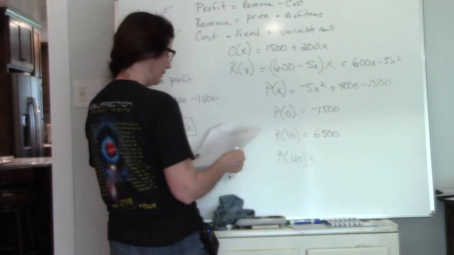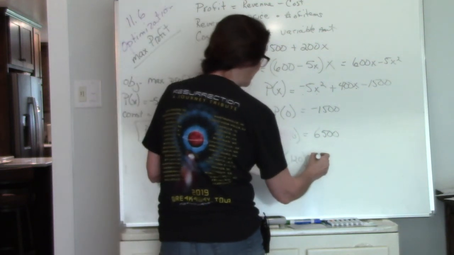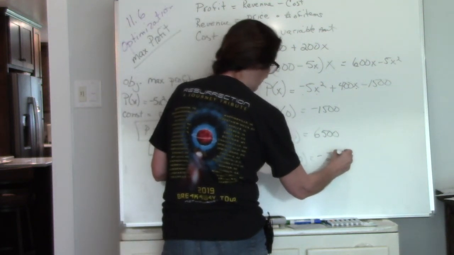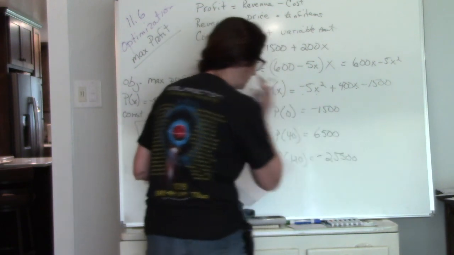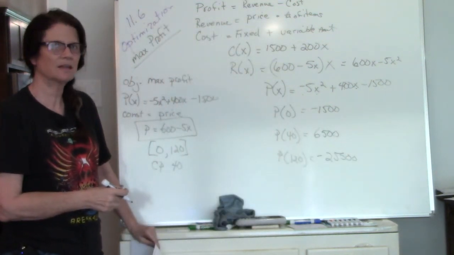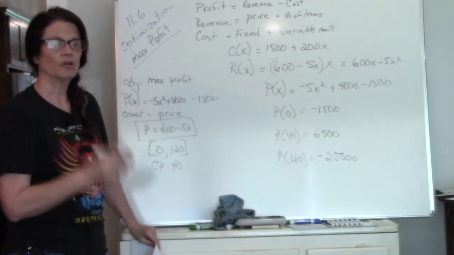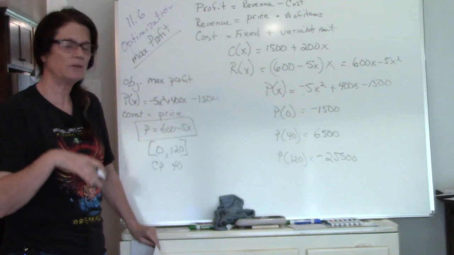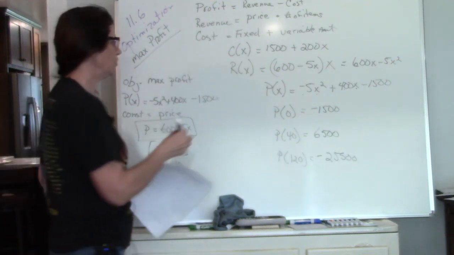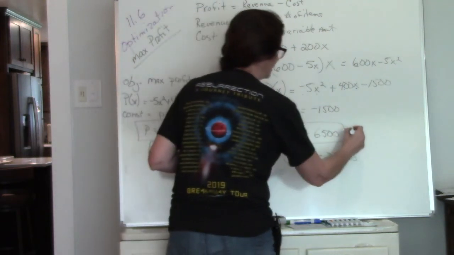And when I plug in 120, it's going to spit out negative 25,500. So if I sell too many bikes, it's going to hurt me bad. I'm going to lose money. More is not always better. So this is my maximum profit.